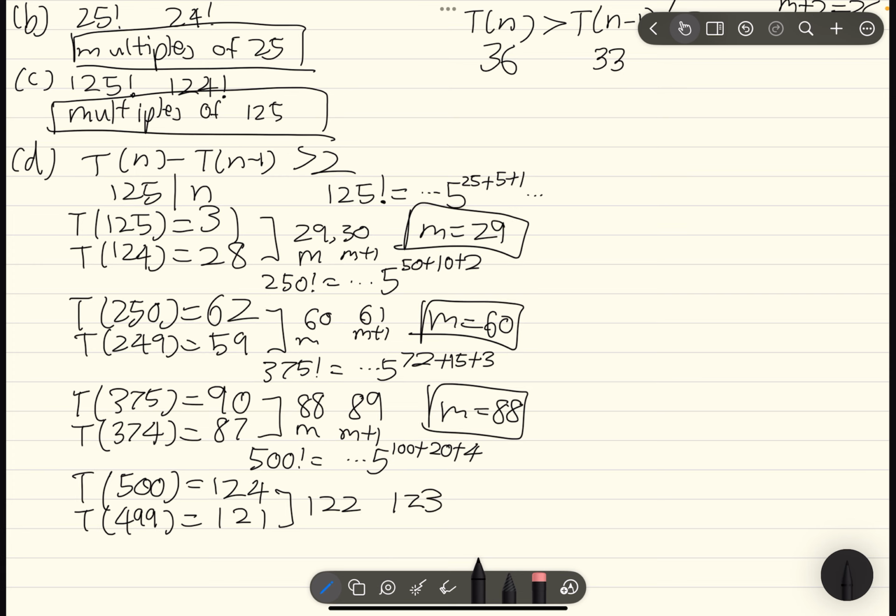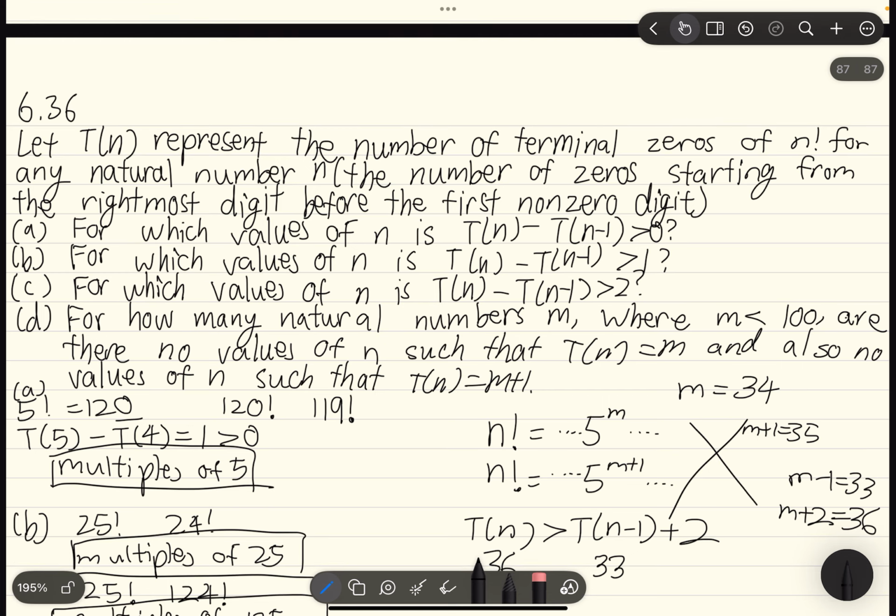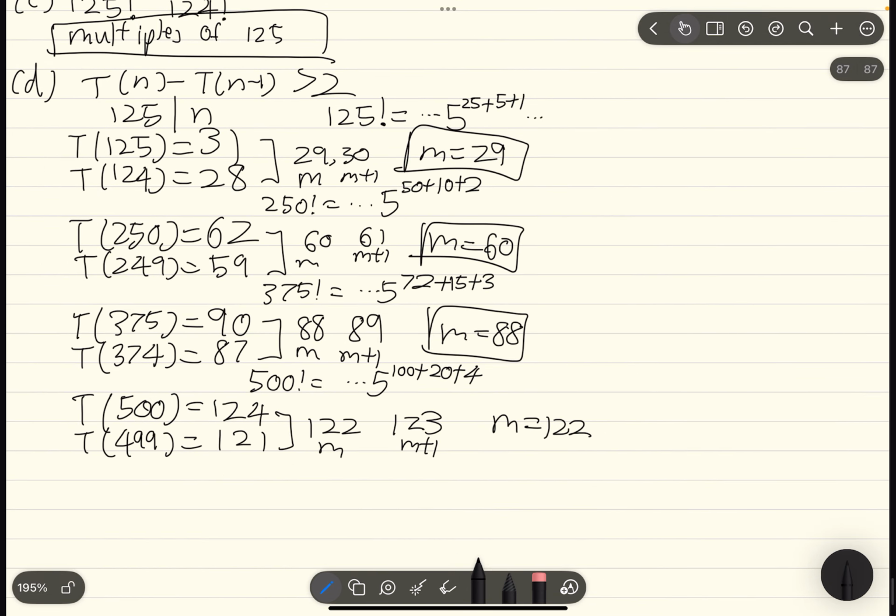There will never be 122 or 123 terminal zeros for this function Tn for n factorial. So this would be m, this would be m plus 1, and m would be 122. However, this is not our answer because in the question it says that m is less than 100. So if we considered m larger than 100, if this question didn't have any limitation, there would be an infinite amount of m's. So since m is less than 100, there are only 3 answers that work: 29, 60, and 88. And those are the correct answers.